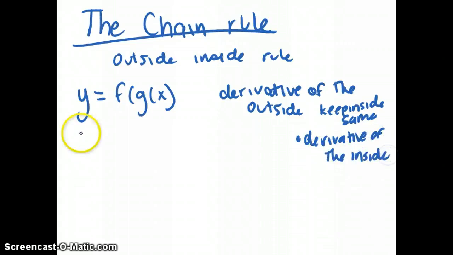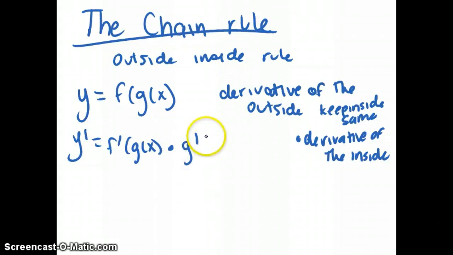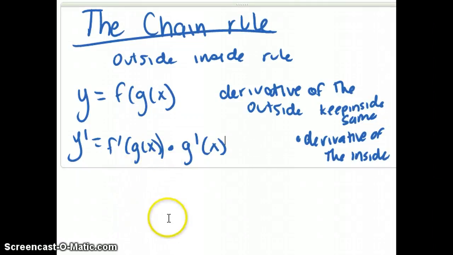So the way this would work out is y prime would equal f prime of g of x times the derivative of g of x. And so it makes more sense when you use an example.